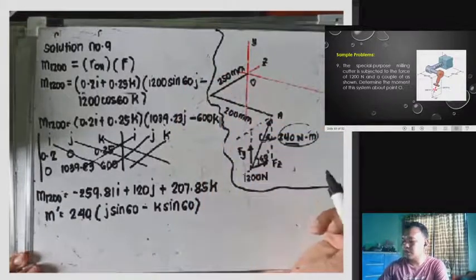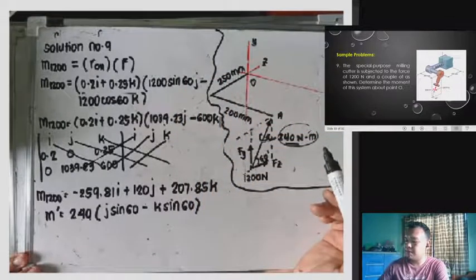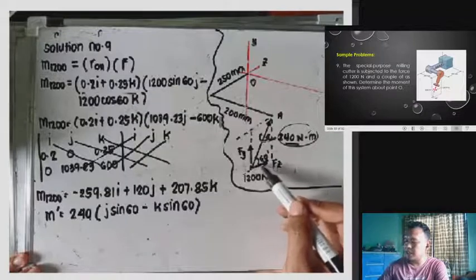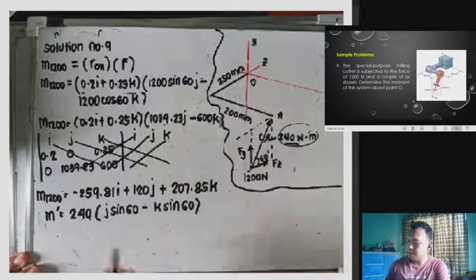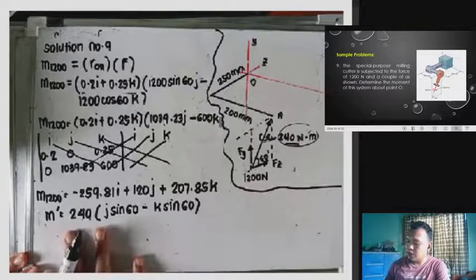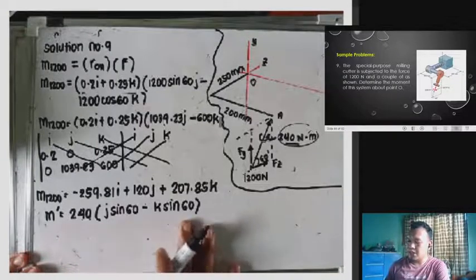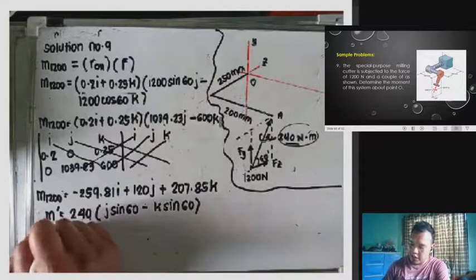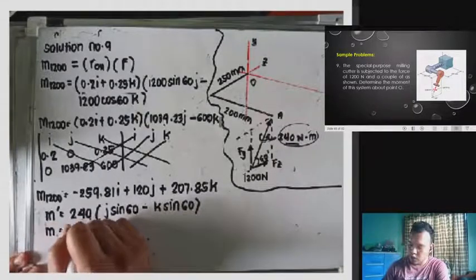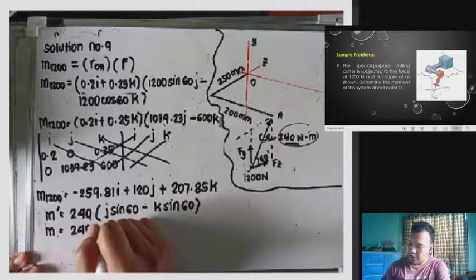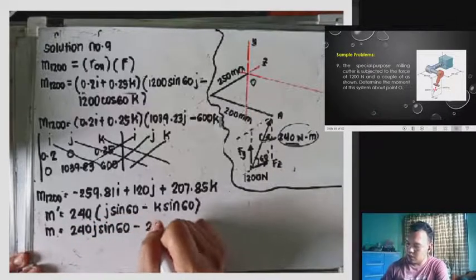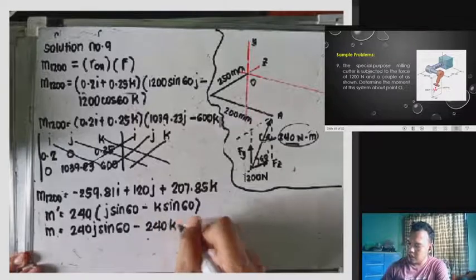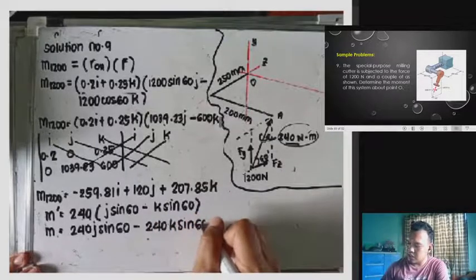Kasi the direction of F Z natin is counterclockwise siya. Ngayon, 240 times j sine 60 minus k sine 60. We have here M is equivalent kay 240 j sine 60 minus 240 k sine 60.